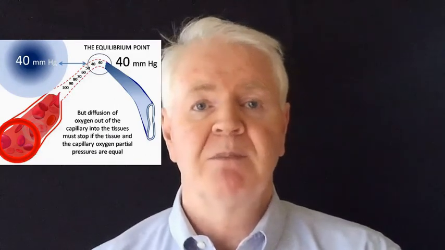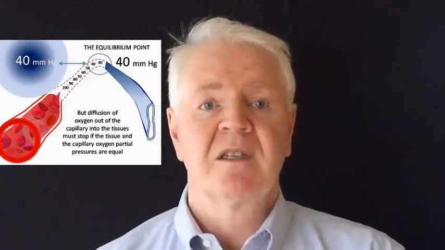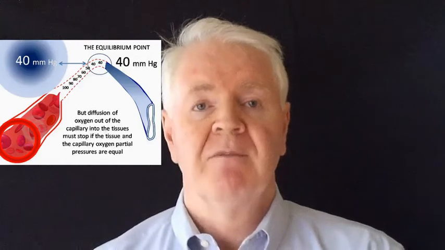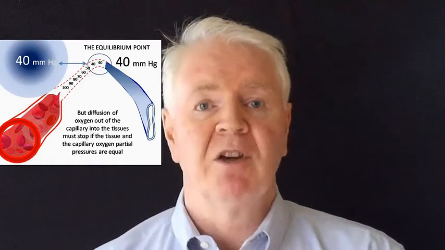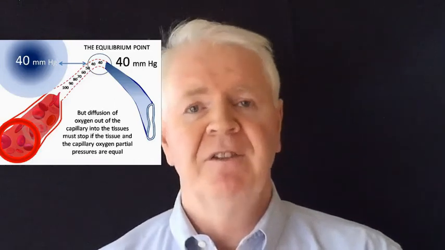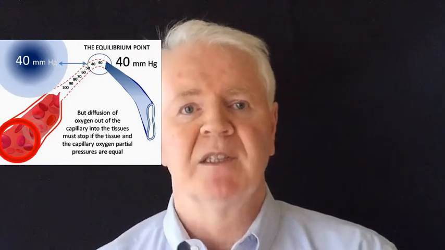So this must be the partial pressure of oxygen in the tissues. This is referred to as the equilibrium partial pressure between oxygenated hemoglobin in the capillary and the oxygen tension in the tissues. And for tension, we mean partial pressure. The terms tend to be interchangeable.